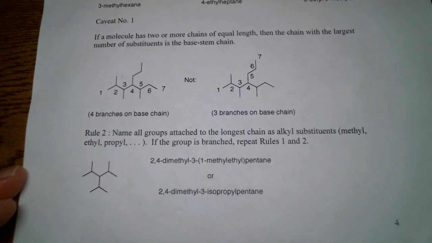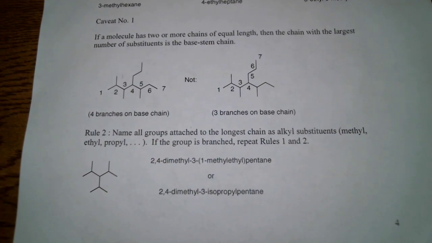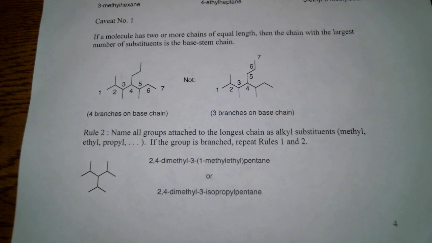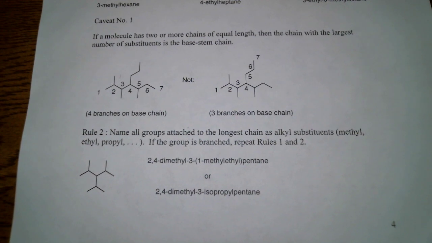So I think we'll quit at this point with this first rule and the second rule that refer back to each other when naming branch substituents, and we will continue on in the next lecture video to go over the remaining rules.